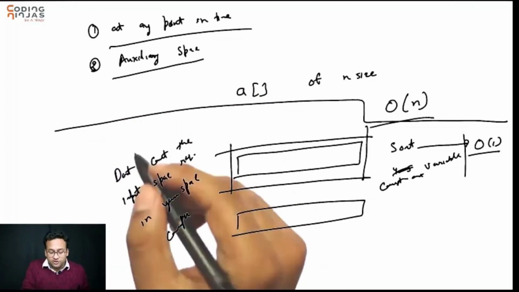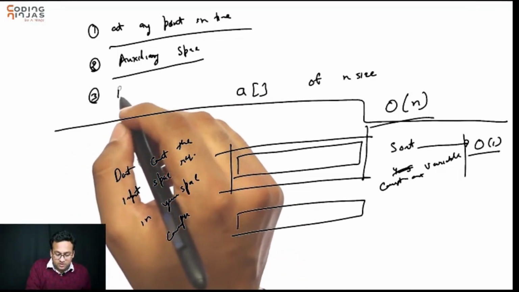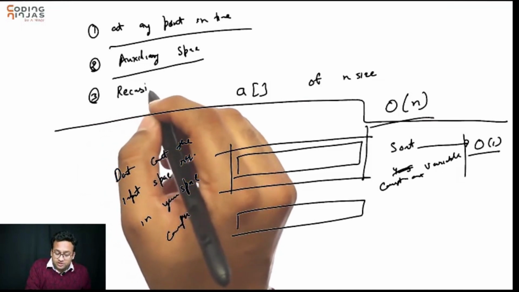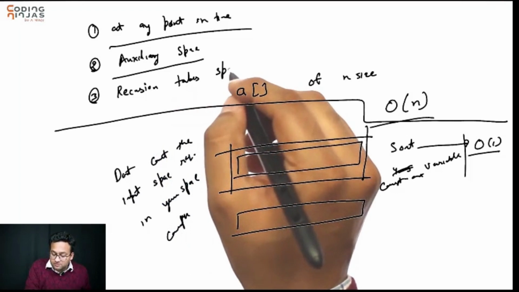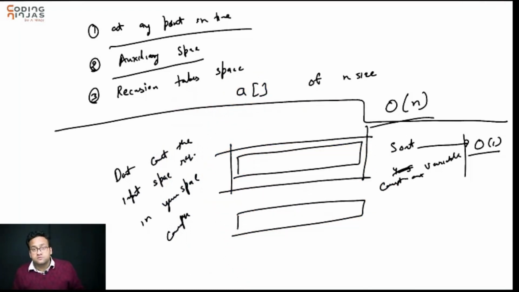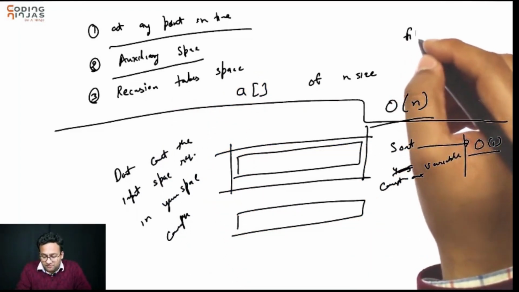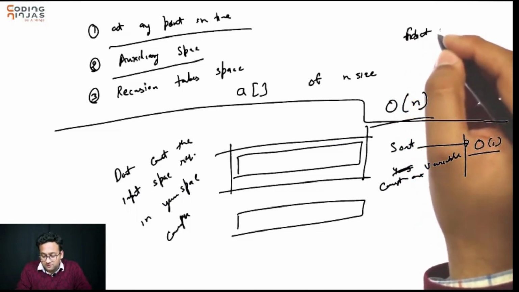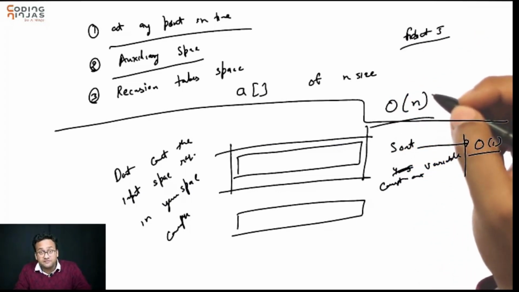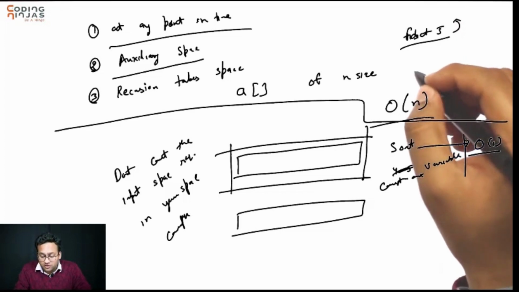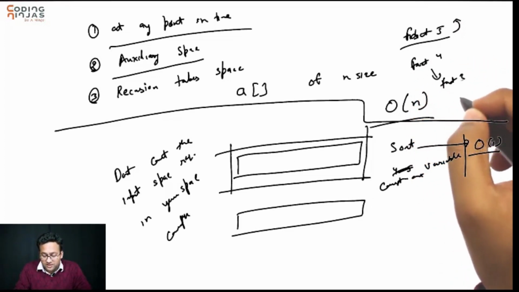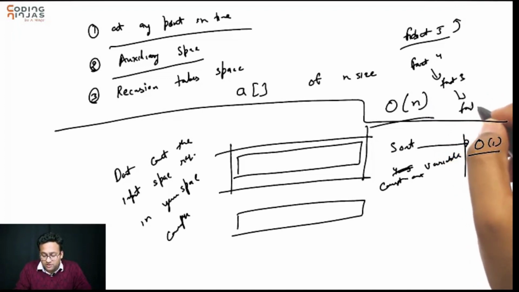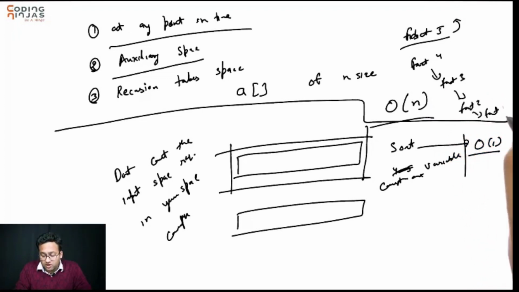So these two things you need to take care of. The third thing that you need to take care of is, if you are using recursion, recursion takes space. If I call factorial 5, factorial 5 does not return, it calls factorial 4. That in turn calls factorial 3, that in turn calls factorial 2, that in turn calls factorial 1, and so on.